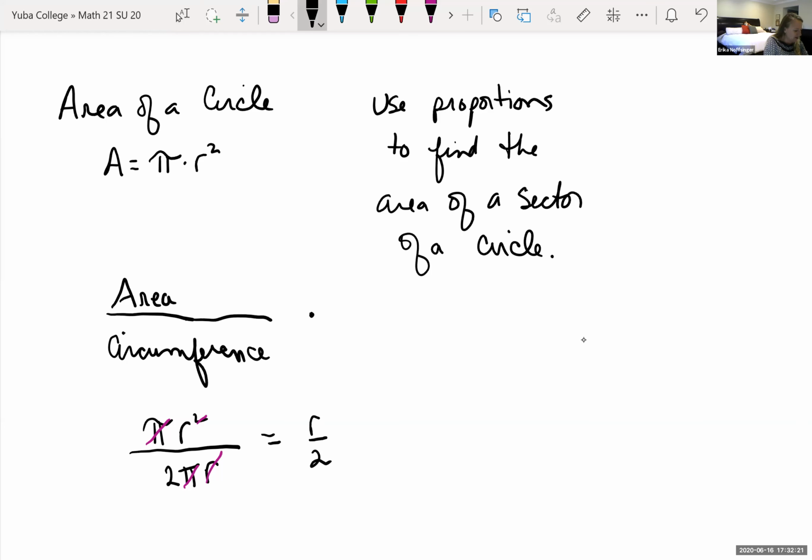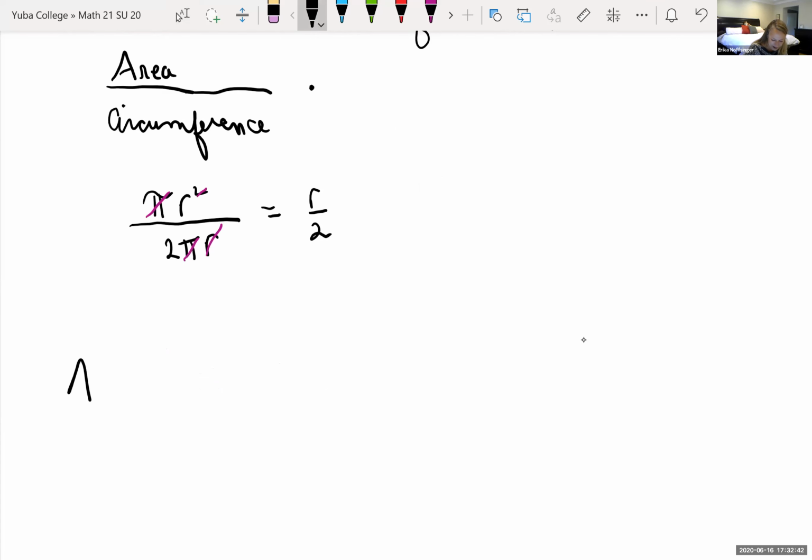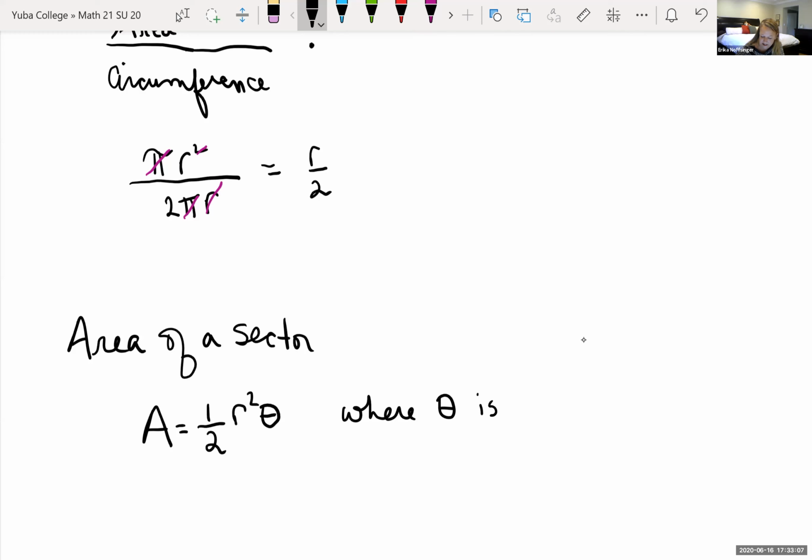Let me just give you the formula for now. So area of a sector is equal to 1/2 times r squared times theta, where theta is in radian measure.